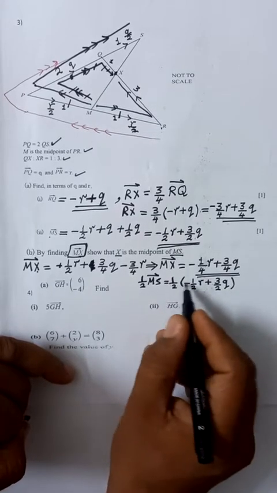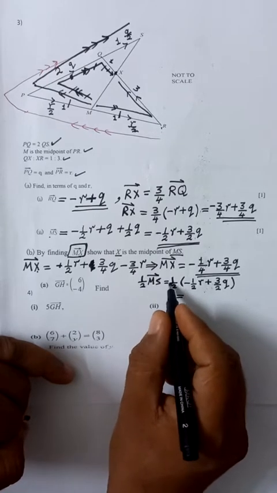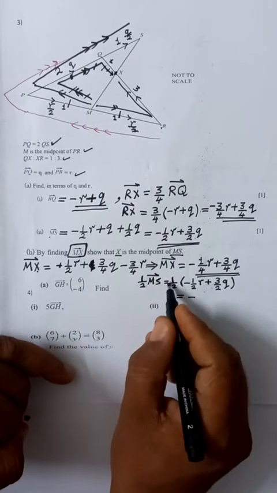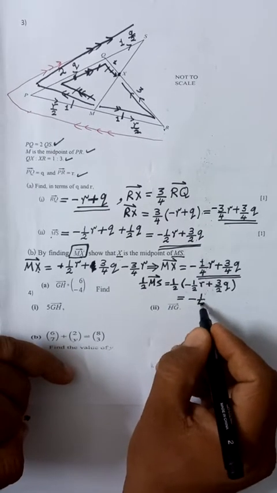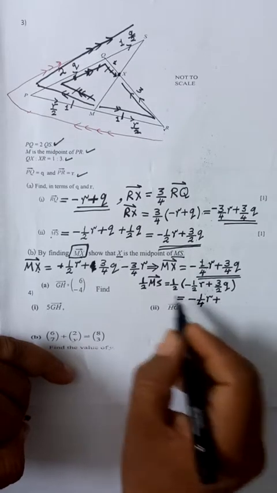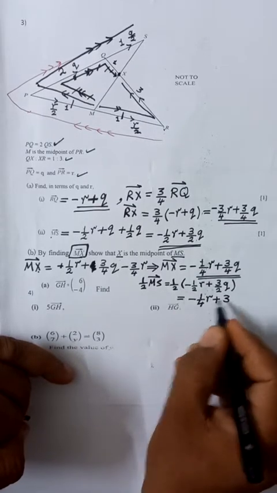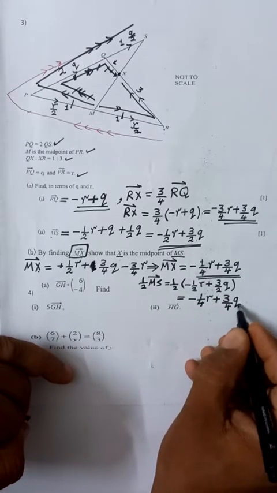I will try to distribute this number inside. So half of ms equals: half positive by negative is negative, half by half is 1 over 4r, and positive by positive is positive, 1 by 3 is 3, and 2 by 2 is 4, and this is the q.